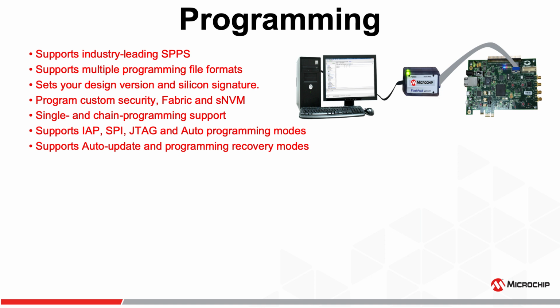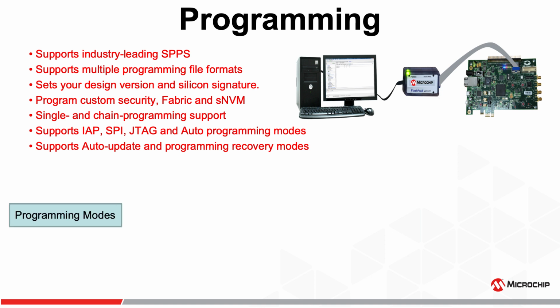Programming. Once the timing is met, and once you're satisfied with the static and dynamic power of your design, you finally program the FPGA. There are multiple methods to program the FPGA.